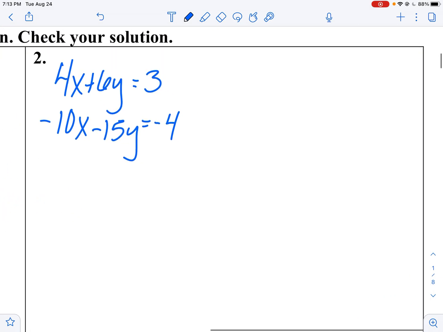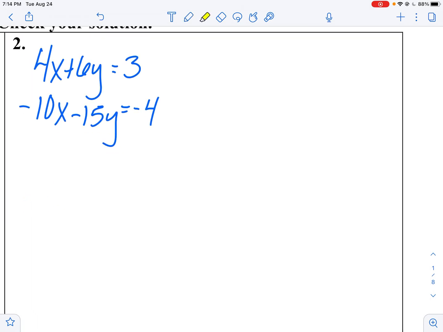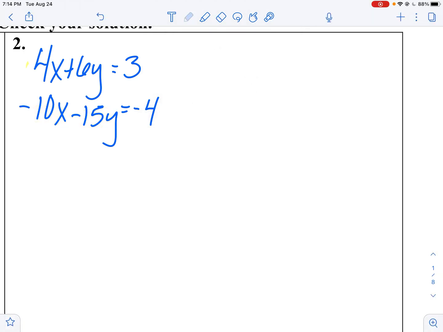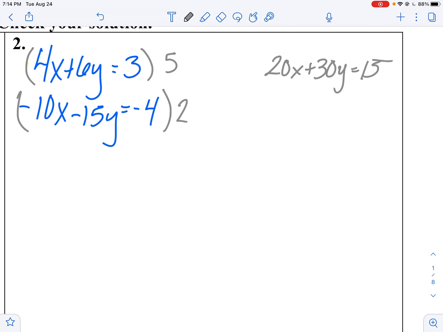Now, on the other hand, let's say I had a problem like this. This one is elimination because none of my variables are isolated. So what I'm going to have to do is multiply both equations by some factor, in this case 5 and 2, to get 20x plus 30y equals 15, and negative 20x minus 30y equals negative 8.